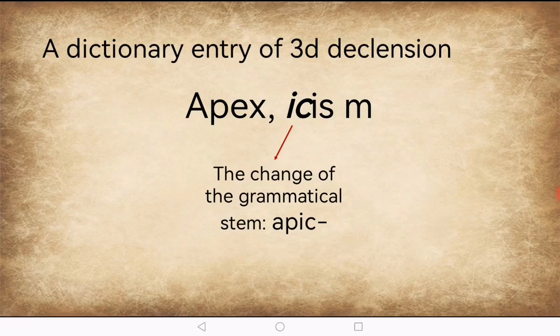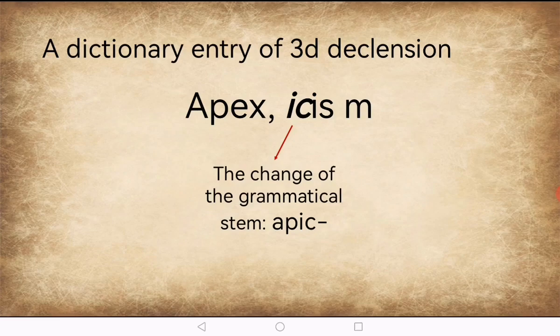We have to tell you that the dictionary entry of the word of the third declension is a bit different. For example, apex, apicis, masculinum. You see the nominative form apex, but the genitive form shows the change of the grammatical stem.